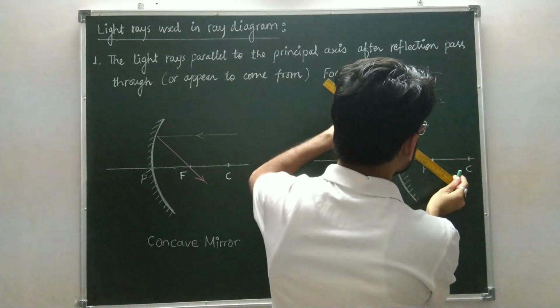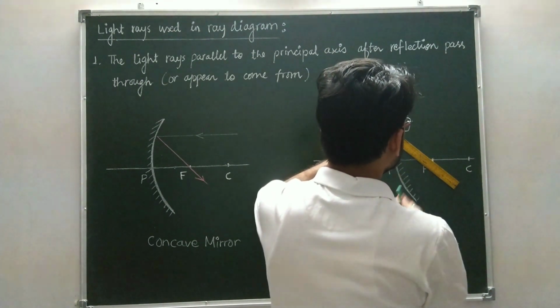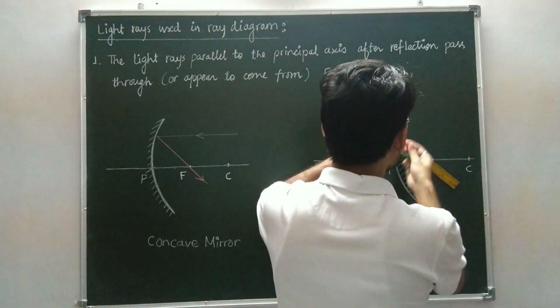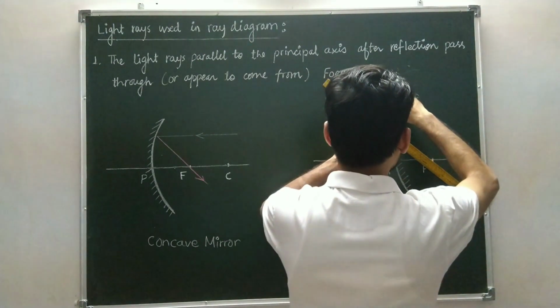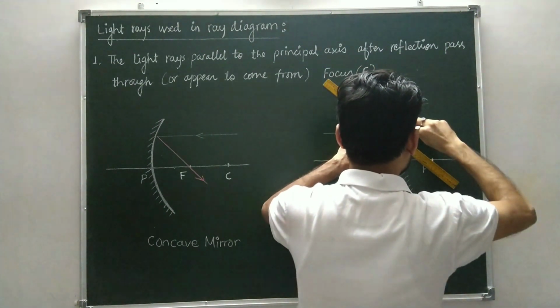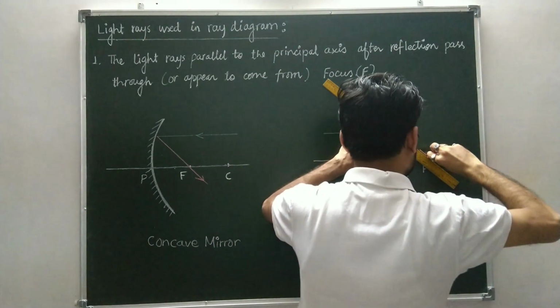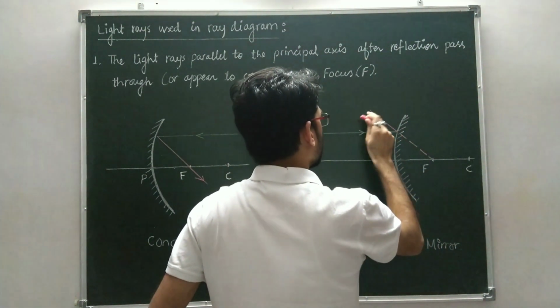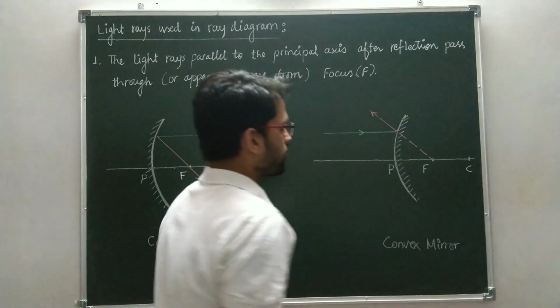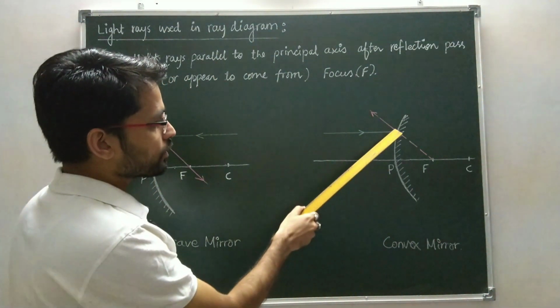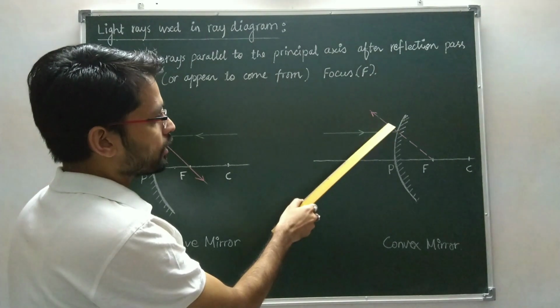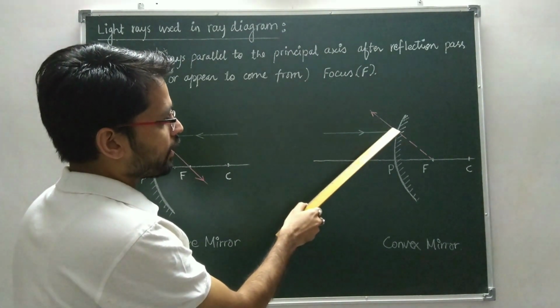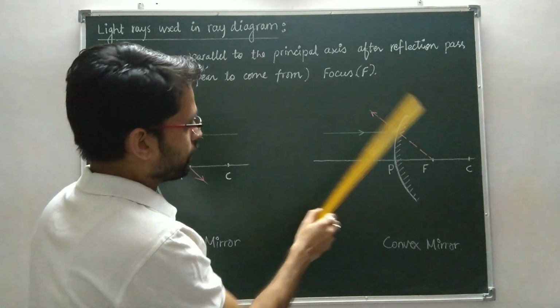So the light ray appears to come from the focus. After reflection, this is the reflected ray, and this ray appears to come from the focus.